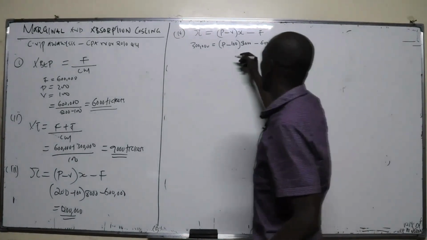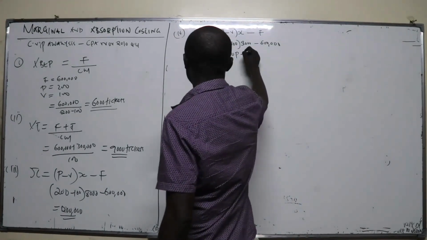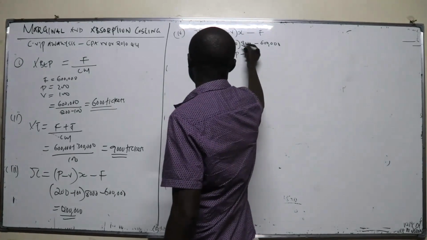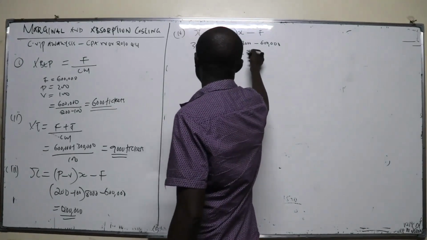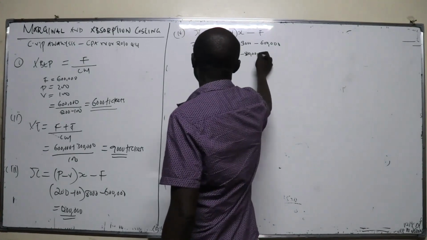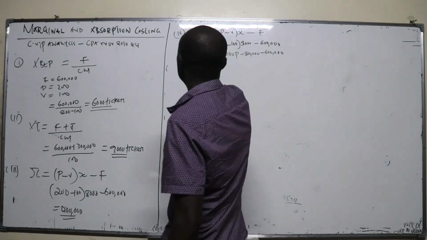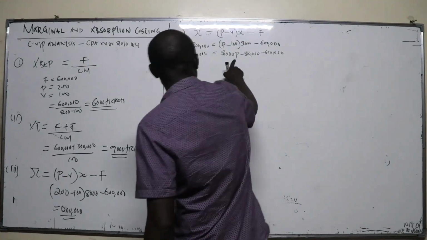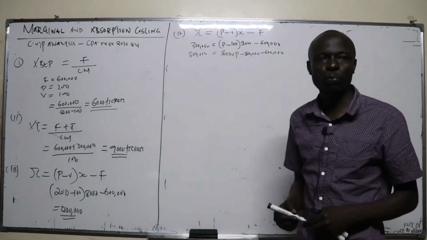So we open the bracket here. It will be 8,000 P minus 800,000 minus 600,000 is equal to 300,000. So the 800,000 will cross to the other side and becomes positive.